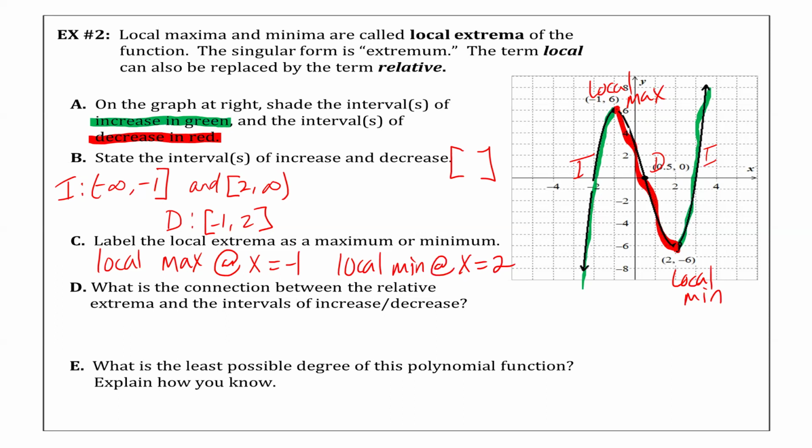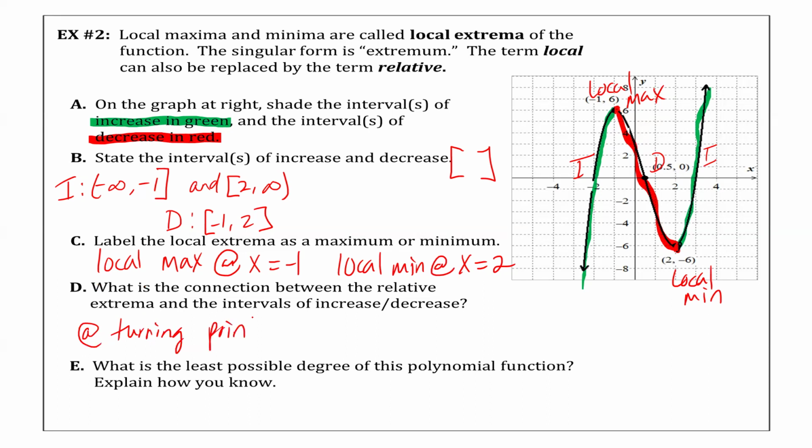All right. What is the connection between the relative extrema and the intervals of increase and decrease? What do you notice? Where do our max and mins take place? At the turning point.